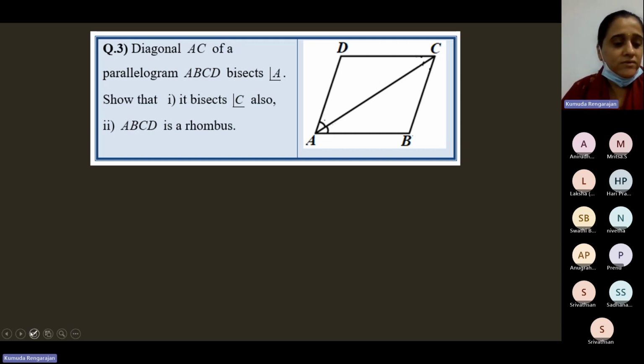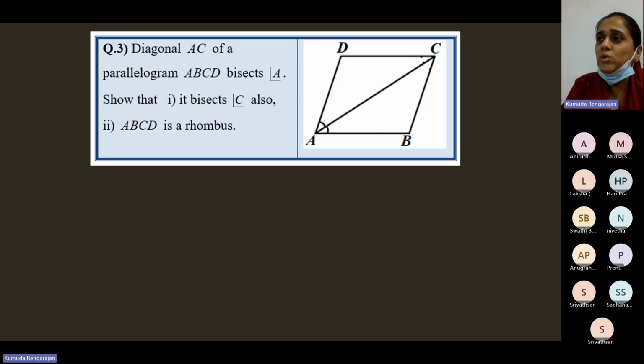So now we'll have to prove that ABCD is a rhombus. So how to prove a rhombus? Use the definition. What's the definition of a rhombus? A parallelogram in which all sides are equal is a rhombus. So it's already a parallelogram. You don't have to prove ABCD is a parallelogram because it's given. So you'll have to prove all sides are equal. But again, you don't have to prove all sides are equal because already opposite sides are equal.